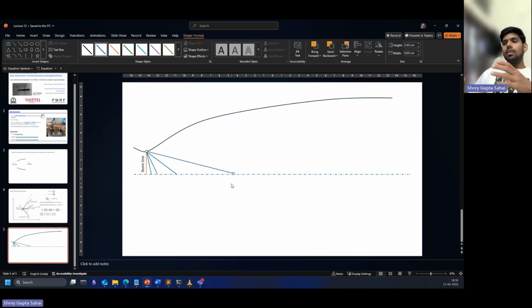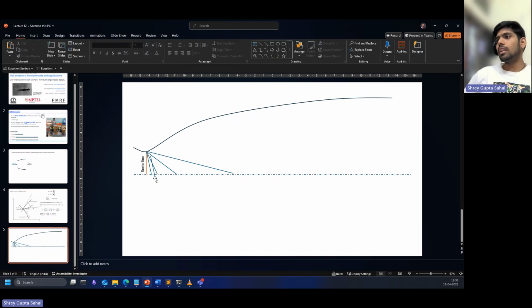At the same time, from the other half, there will be symmetric Prandtl-Meyer expansion waves that are going to join. Because of the symmetry, they will appear like this. They will appear to reflect from the mid plane, and so there will be a series of reflected waves also that we are going to see.